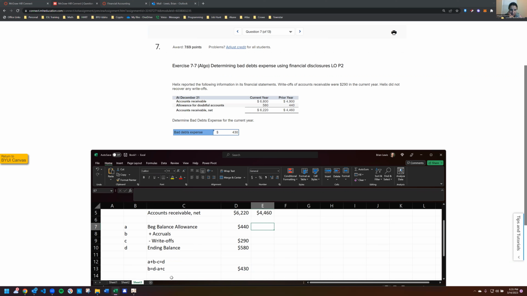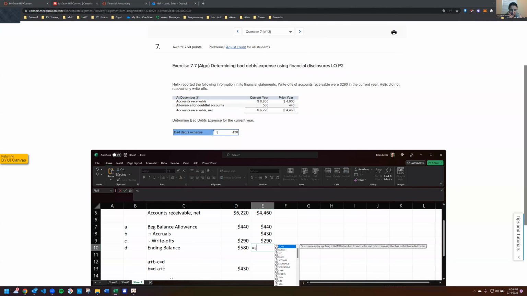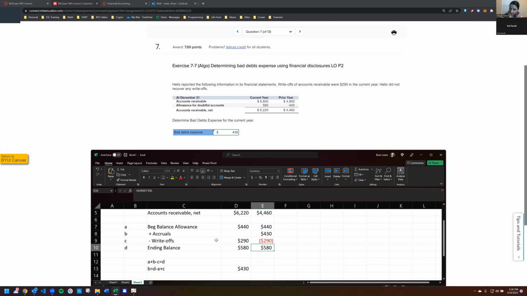And we do that in the same thing that we did here, 430 through 90 equals. Just double check all this. But this one needs to be in minus. There we go. Okay. So this one was even tricky for me.